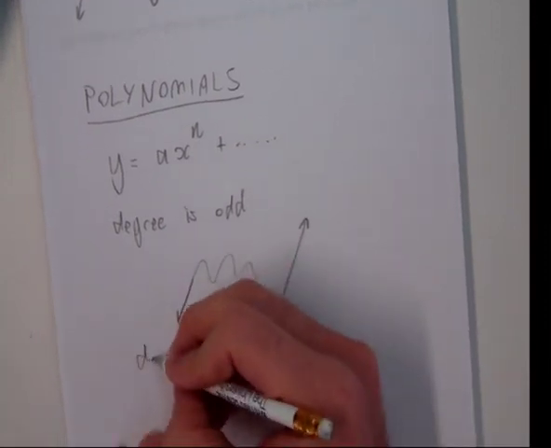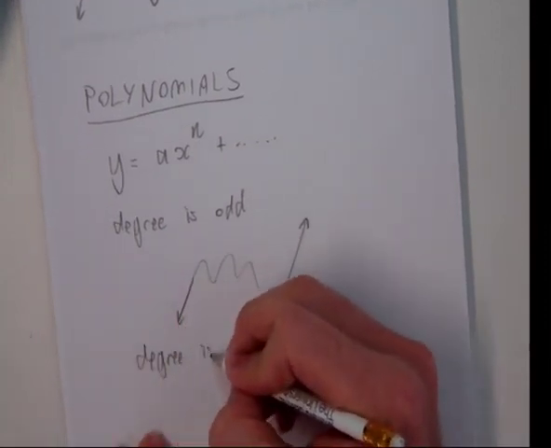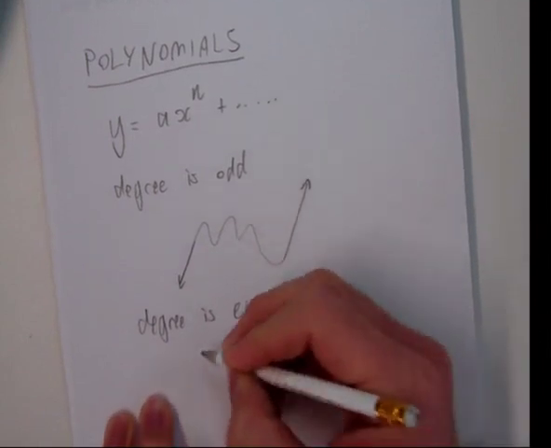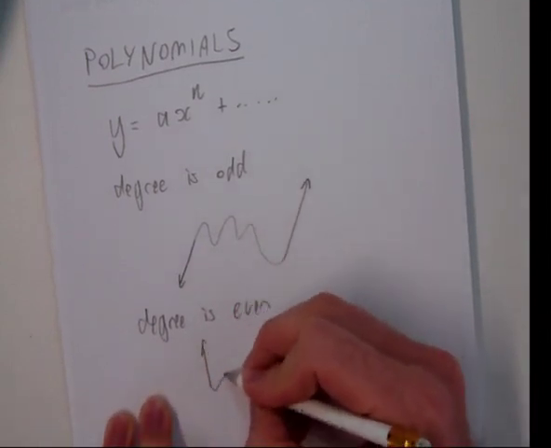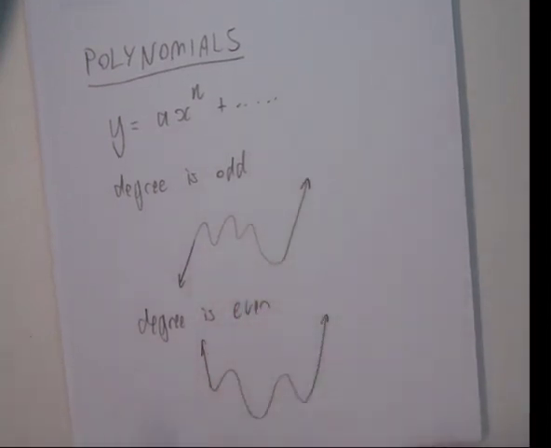But if the degree is even, then the two ends will point in the same direction. So that's the most useful piece of information about a polynomial. If you want to know more, I can tell you, and I'm just going to write a note for myself. I do have a document which talks about polynomials in great detail.